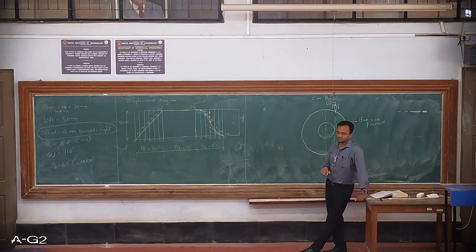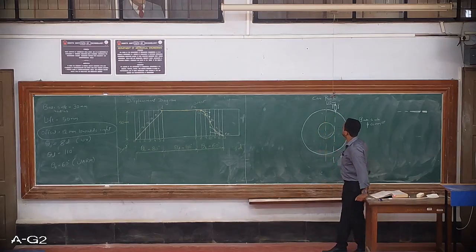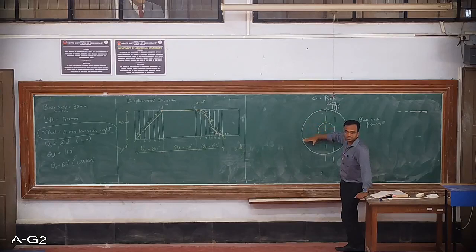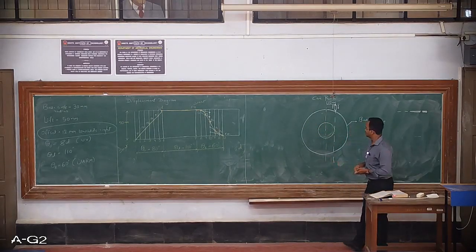In the previous or the regular cam profile construction, I have measured the angles from this reference line, that is the axis of the cam. From here I have started measuring the angles of the rise stroke and dwell stroke and return stroke. But in this case there will be slight change.